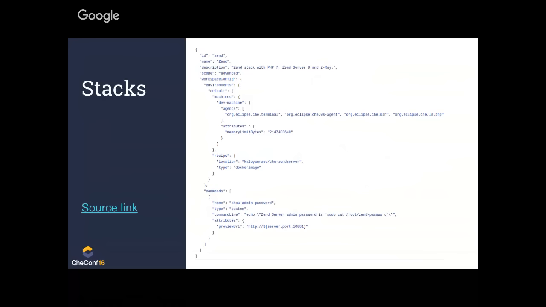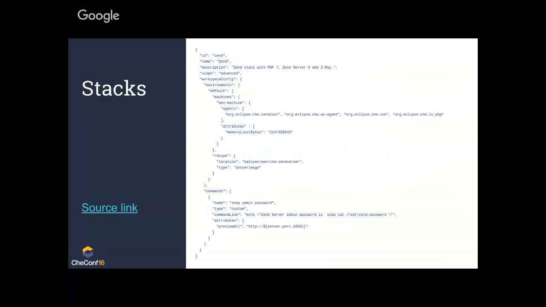Next, you need to define the Docker image that brings the runtime of the stack. For our Zend stack, this is an image with Zend Server that is automatically bootstrapped and ready to use in the Docker container. And finally, you may define some commands that provide helpful actions for managing the runtime components. Here we have an example command that prints the admin password of the Zend Server's admin UI.